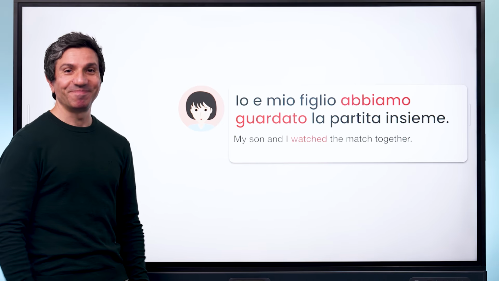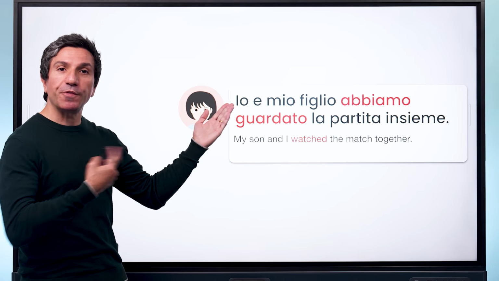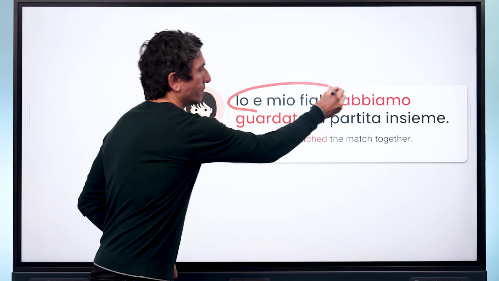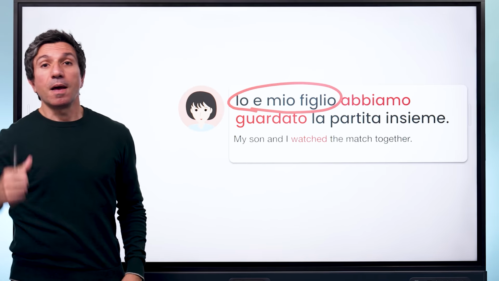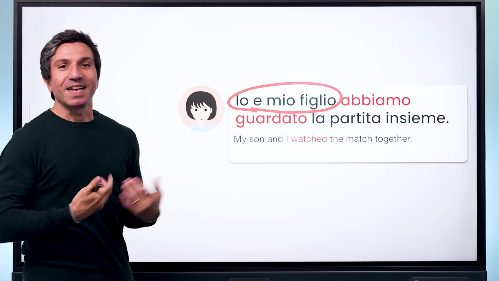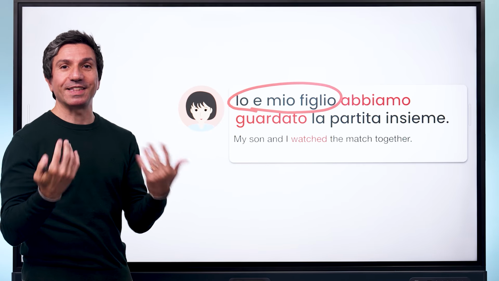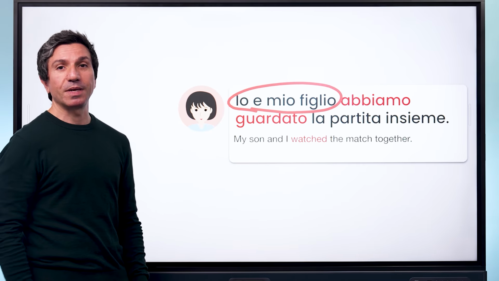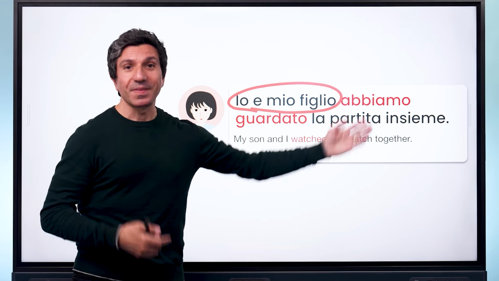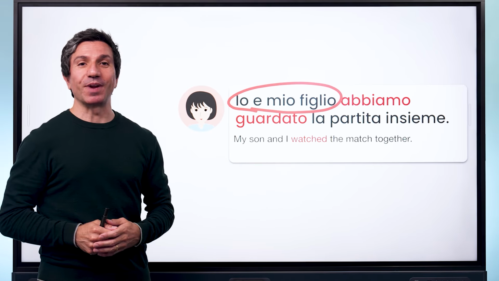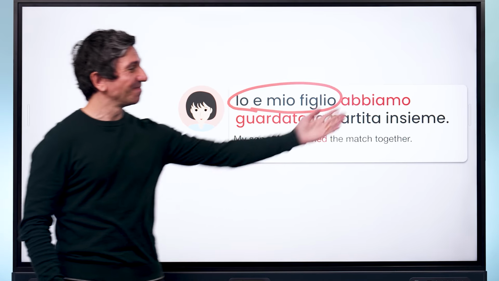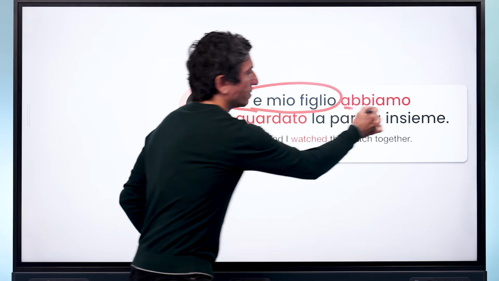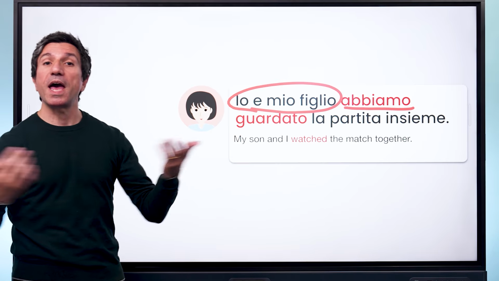Let's break it down. Io e mio figlio, my son and I. This is the subject of the sentence. It's a compound subject, so the verb agrees in the first person plural, we. Abbiamo, we have.